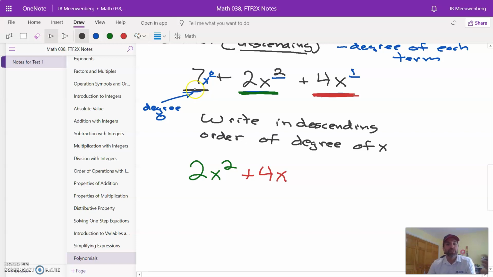It's degree 0. It's positive 7. And because I'm going to write it after another term, I have to write plus 7. So now our polynomial is in descending order. The exponents are 2, 1, and then an invisible x to the 0. Descending order of powers or degrees of x. And that's going to be the common way that we write our polynomials.